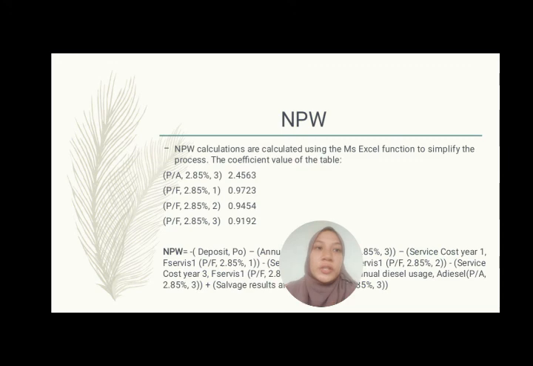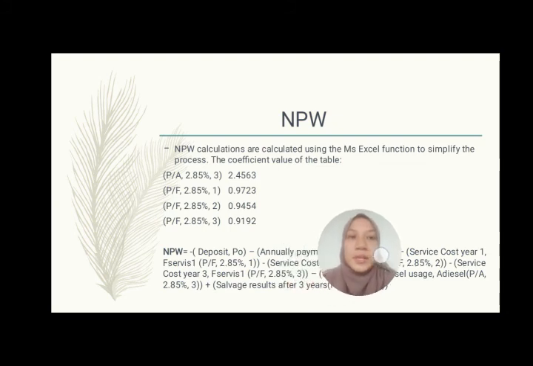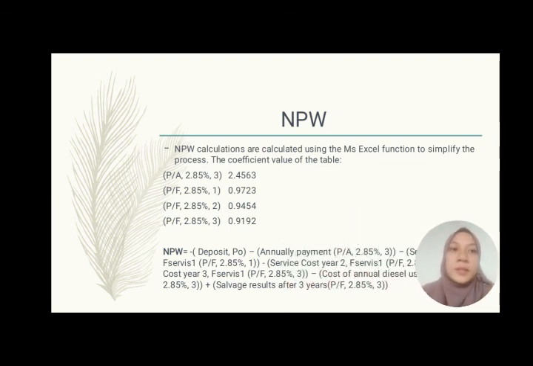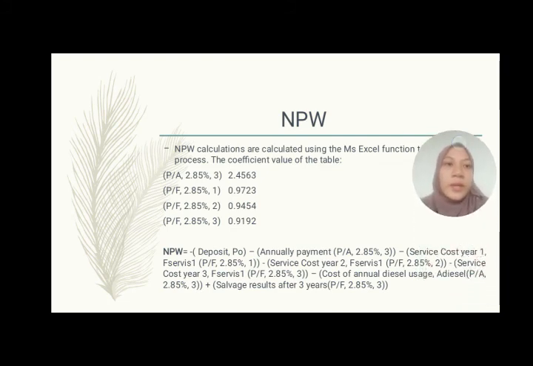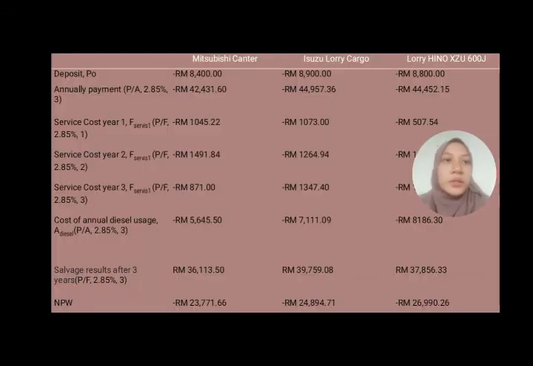So next is NPW. NPW is calculated using the MS Excel functions to simplify the process. The coefficient values for the table are shown on the slide, and below is how to calculate the NPW. This is our summarization for the three types of lorry.